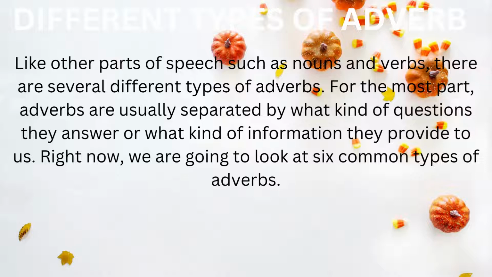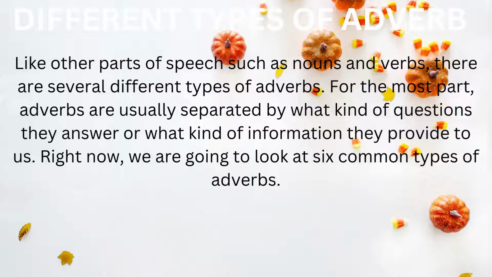Like we know that there are other parts of speech such as nouns and verbs, and we have seen in the previous videos that nouns have various types and verbs have various types. Like all those parts of speech, adverbs also have several different types. For the most part, adverbs are separated by what kind of questions they answer or what kind of information they provide to us.